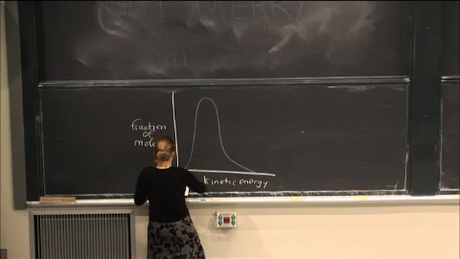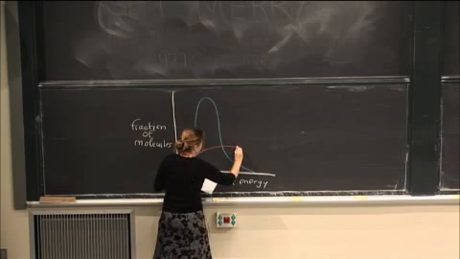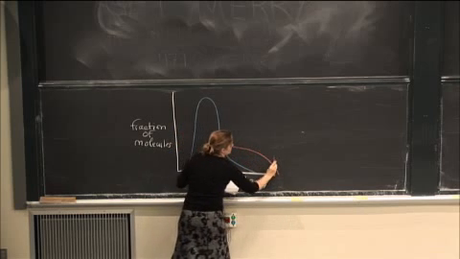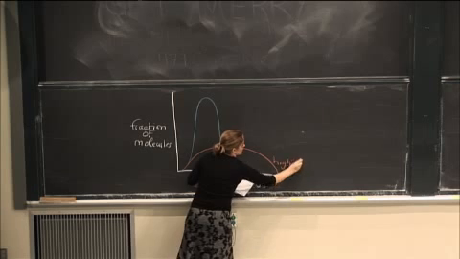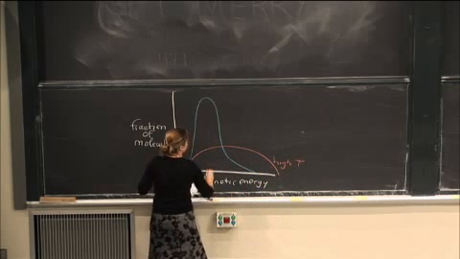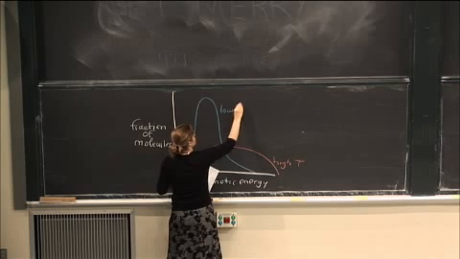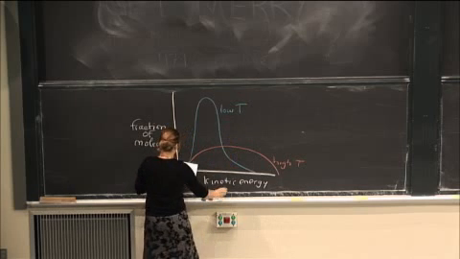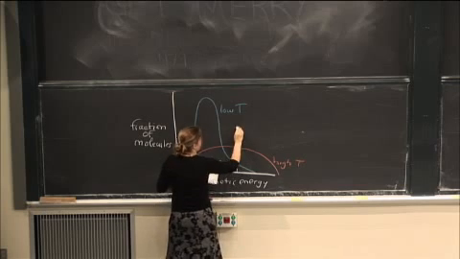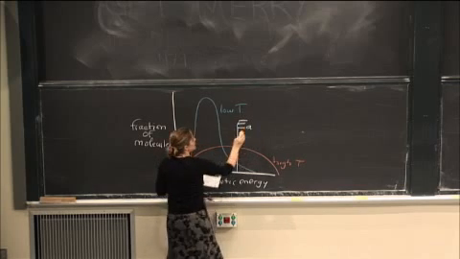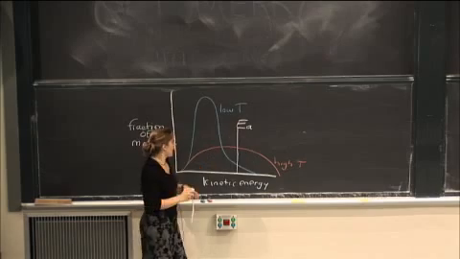And let's think about a higher temperature. Go like this. So this is high temperature, and we have low temperature up here. And then over here we would have our activation energy, the energy needed for reaction.